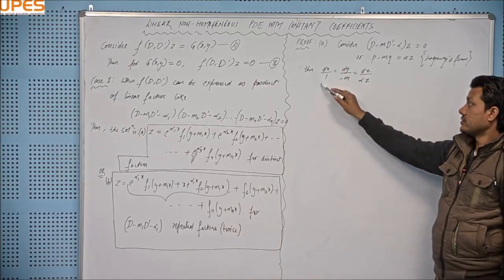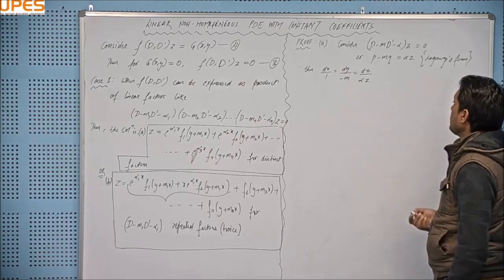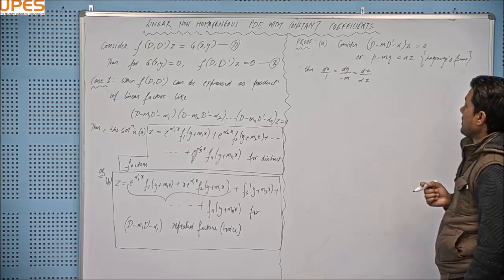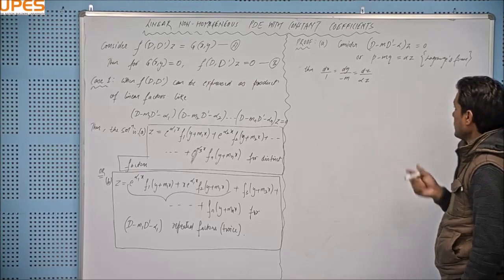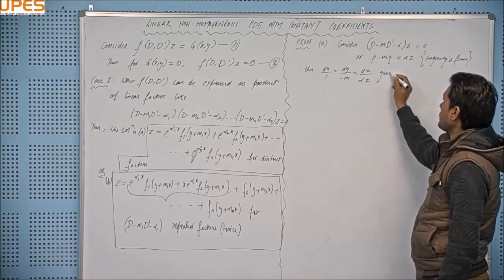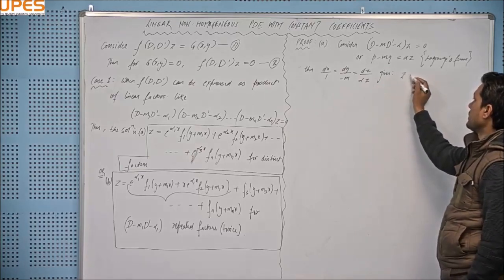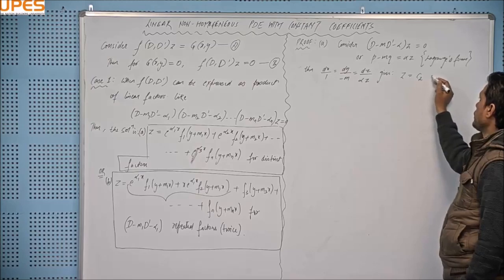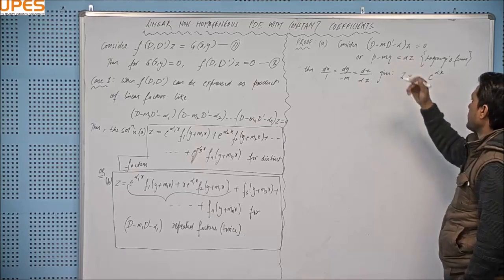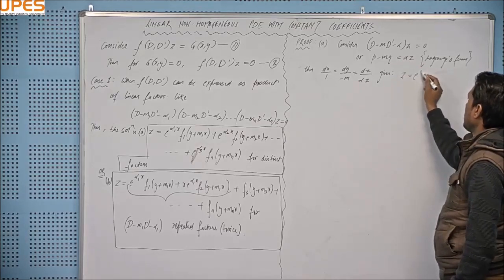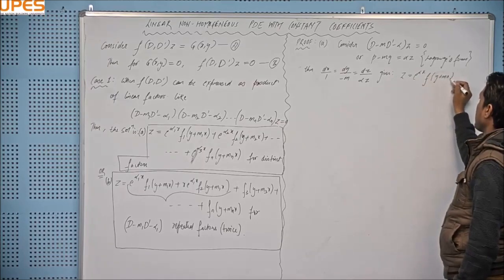Then you will take these two ratios, you will get y plus mx is equal to c1, and then we'll take the first and third ratio, and you will get log z is equal to alpha x plus c2. I'm writing the solution directly: z is equal to c2 e to the power alpha x, and then c2 will be replaced by some function of y plus mx.